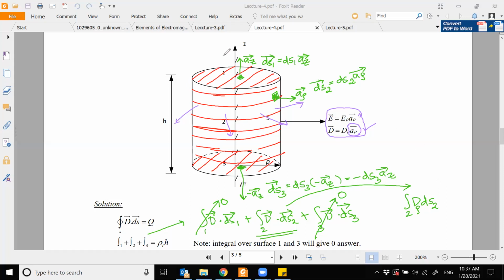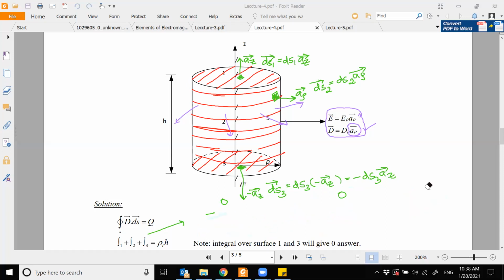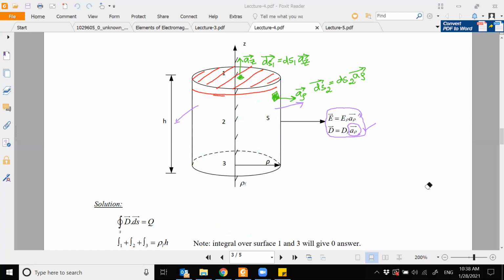Okay, so now if we go further, it's just simple integration. We are going to get the answer only for our second surface, which is the side of the cylinder, and then you find the integration of that.